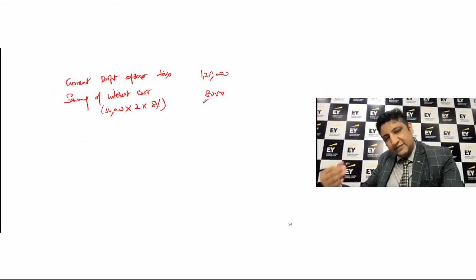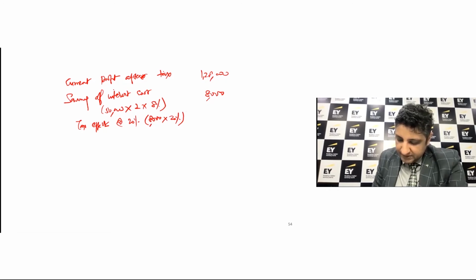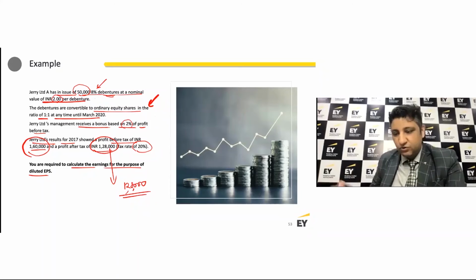But since you saved the interest expenses, you also would pay the extra tax on that, which is 8,000 into 20%. So the post-tax consequence is 6,400 if you were to combine these two values. That's one consequence of this particular change if those debentures were converted into shares.